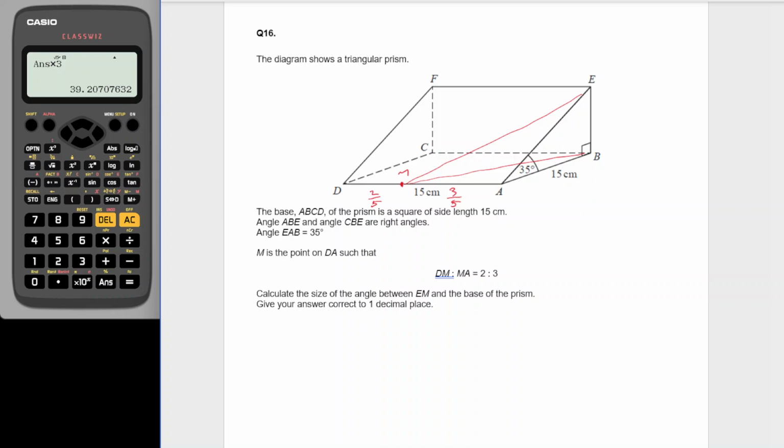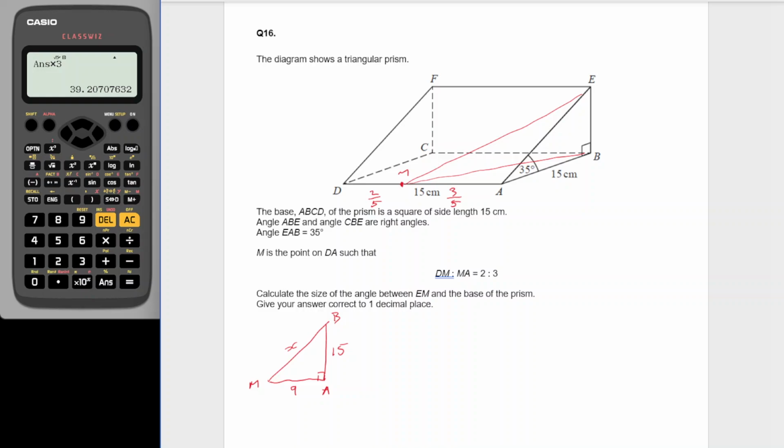Okay, so I'm just trying to work this out in my head. What I'm going to do is draw 2 triangles to help me out a little bit. So if I call that M, A and B, I know that's 15, and I actually want to work out, I think, this angle here, which I'll call X for now. And I know that this is 3/5 of 15, so that length there is going to be 9.